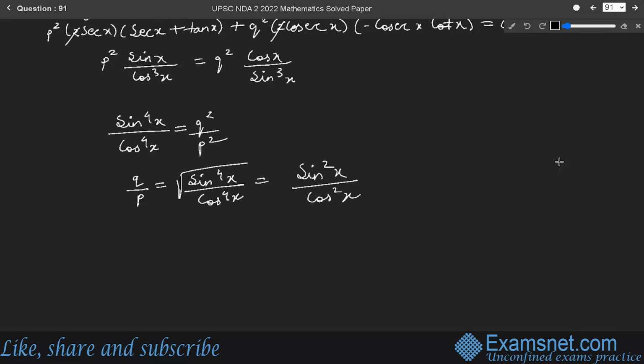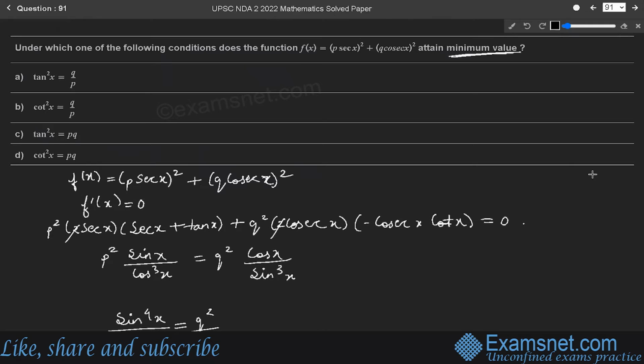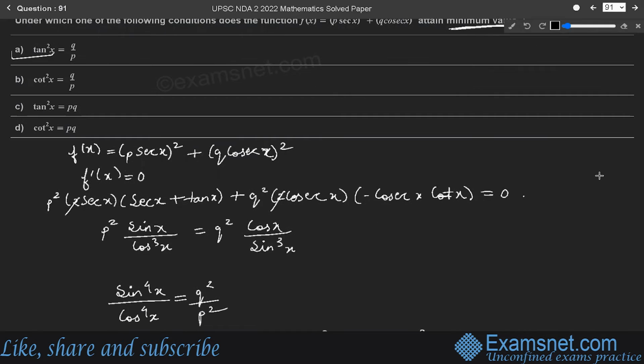And we know that sin x upon cos x is tan x. Since here there is a square, it will be tan square x. So we can say that q upon p is equal to tan square x. So among all the options, option number A is correct here. So option number A is the correct solution for this question.